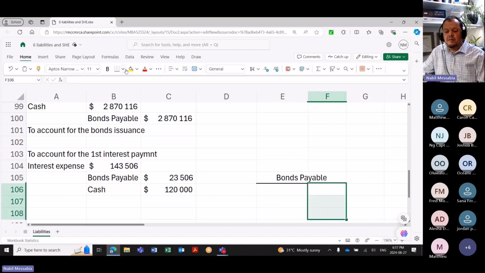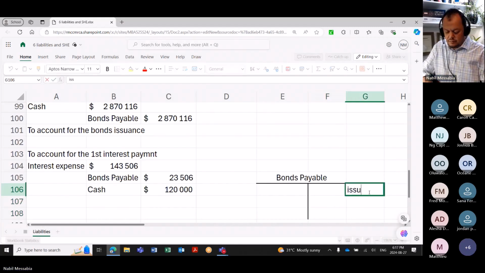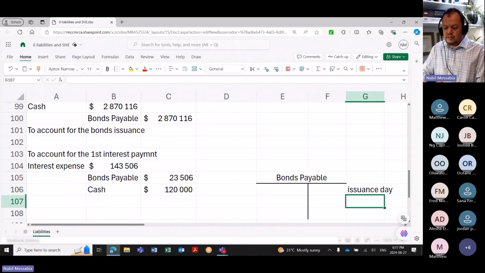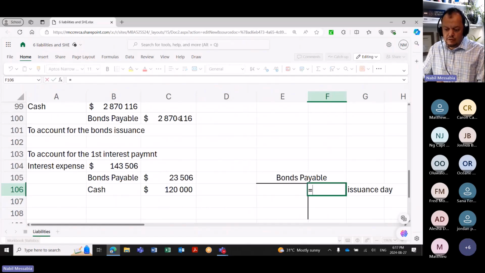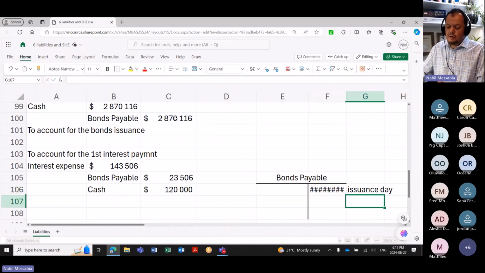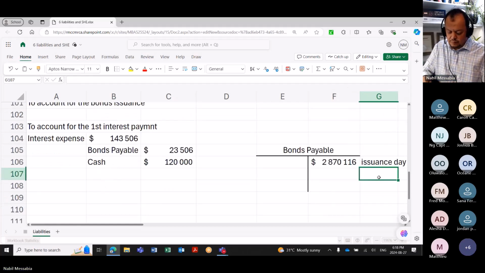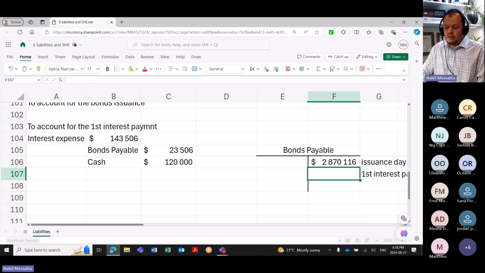We have at the issuance day credited the bonds payable for 2,870,000, and now at the first interest payment, we credit $23,000. Which means now the carrying value is increasing progressively. The carrying value is not the same.